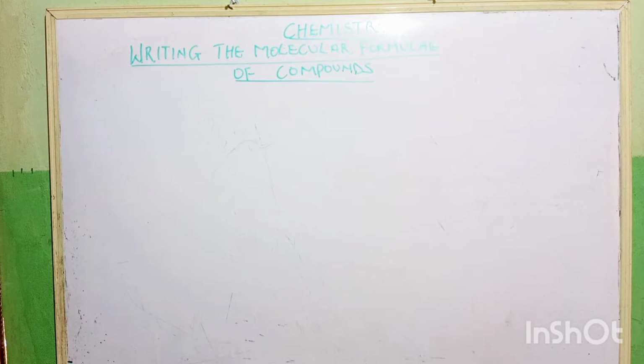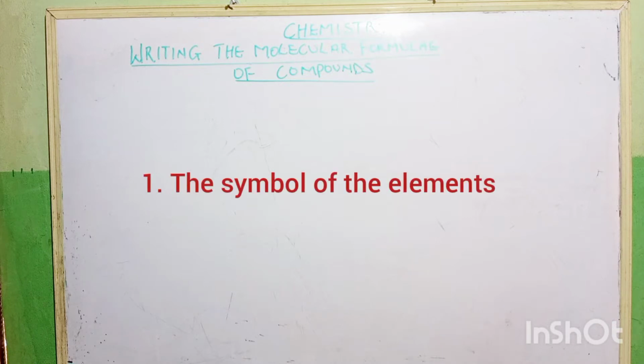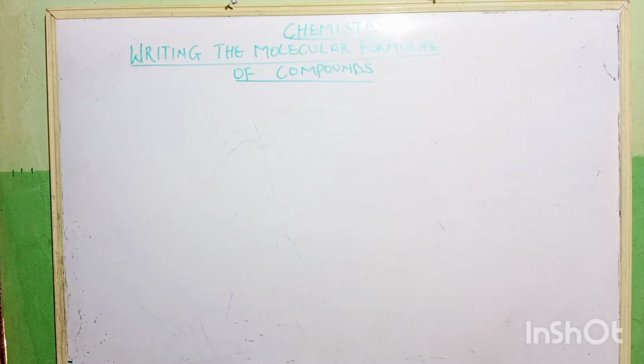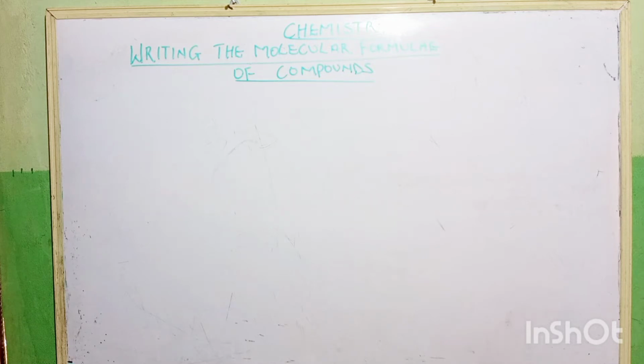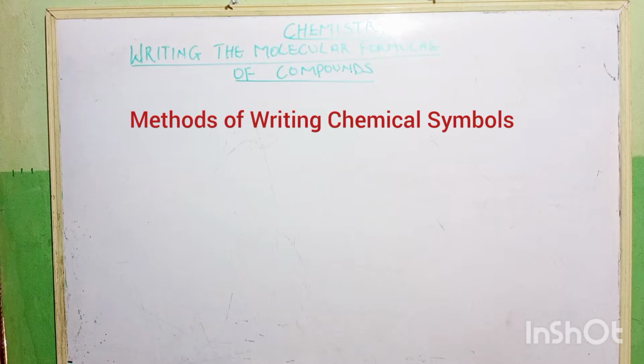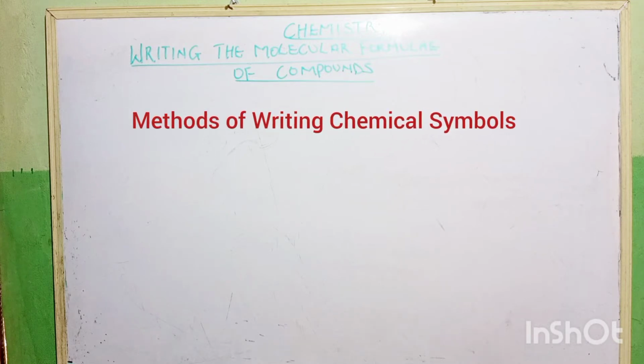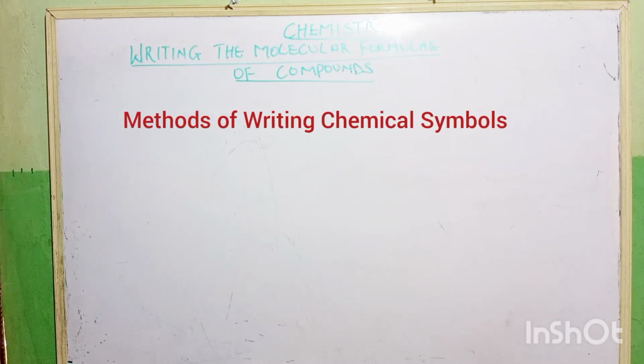Now, to write the molecular formula of a compound, the following must be considered. 1. The symbol of the elements we want to deal with. 2. The positive value of the charge of the elements or the radicals. Now, what are the methods that we normally adopt in writing chemical compounds?